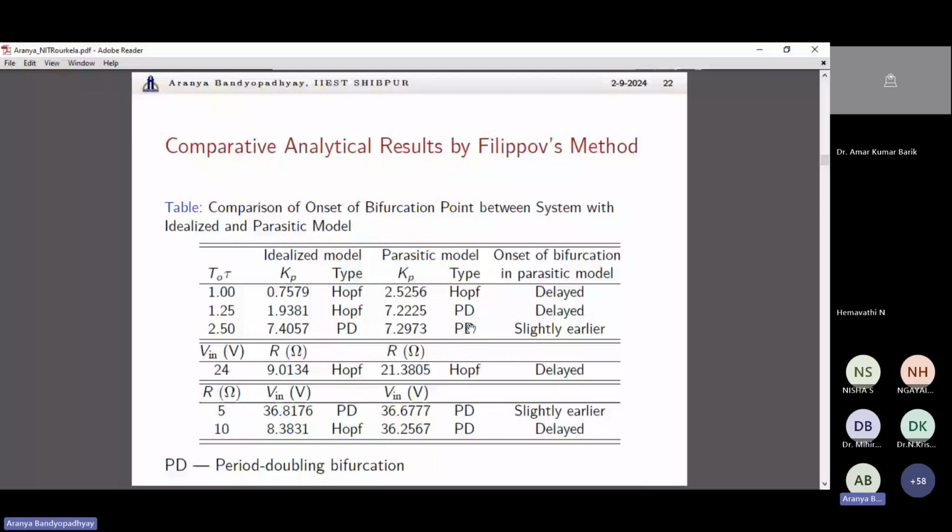But from an engineering perspective, you can also say that the onset of period doubling instability will be basically more or less at the same level, but never at a delayed level. And you can only predict the onset of period doubling instability through Filippov method or discrete time approaches. You can't predict it by state space modeling approach or Bode plot.